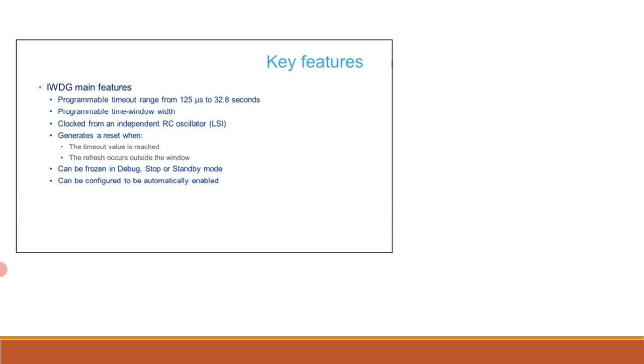The window feature is optional and not present in all independent watchdogs. It is possible to enable the independent watchdog automatically after a system reset. It is possible to define the behavior of the independent watchdog in debug, stop, or standby mode.